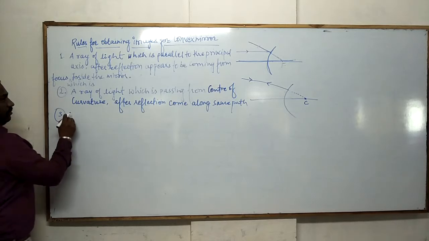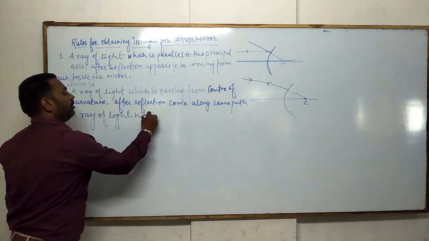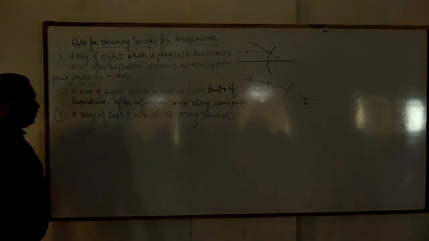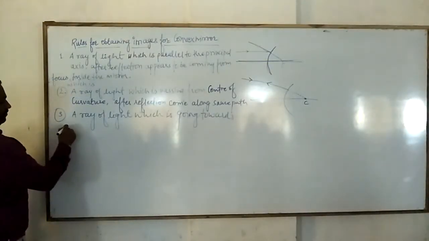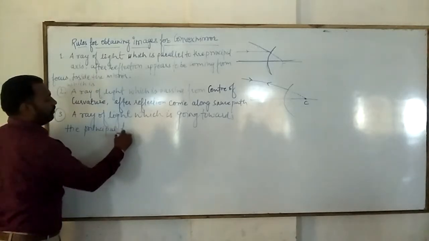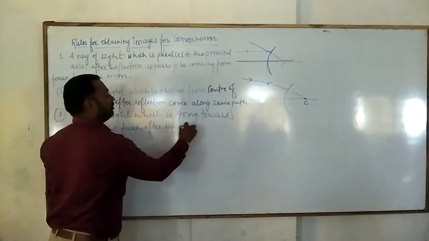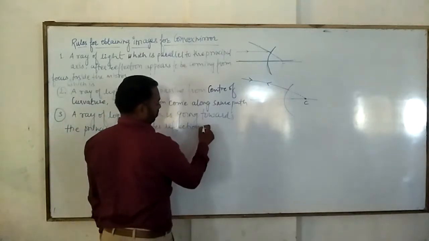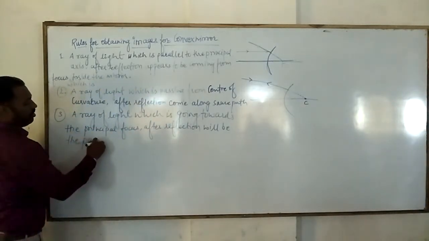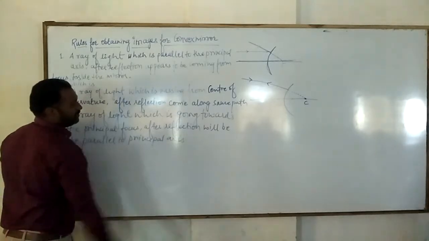The third one is a ray of light which is going towards the principal focus; after reflection it will be parallel to the principal axis.